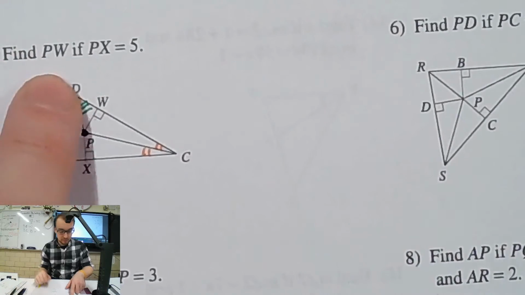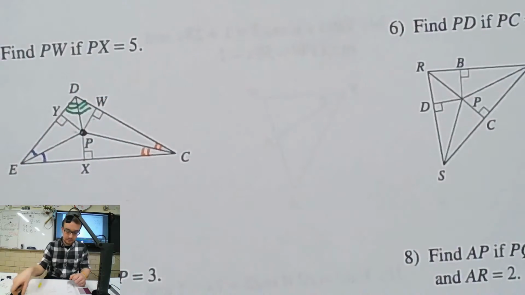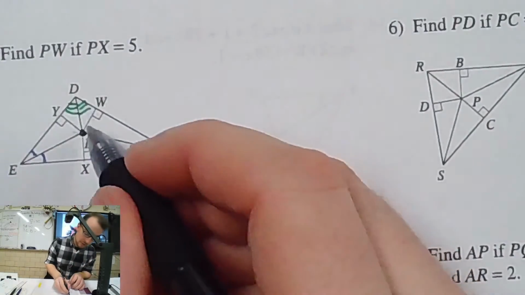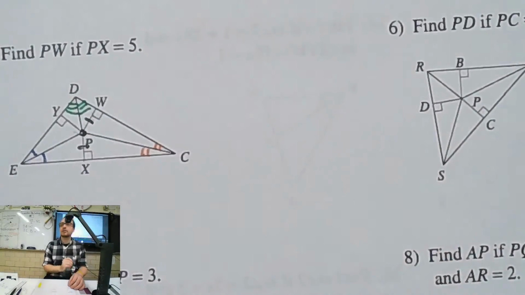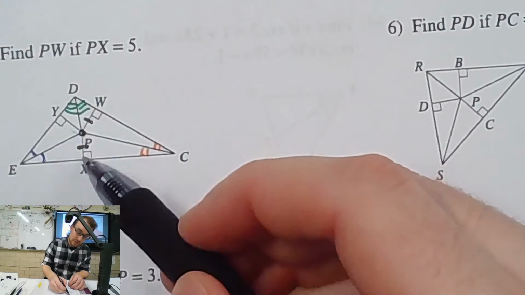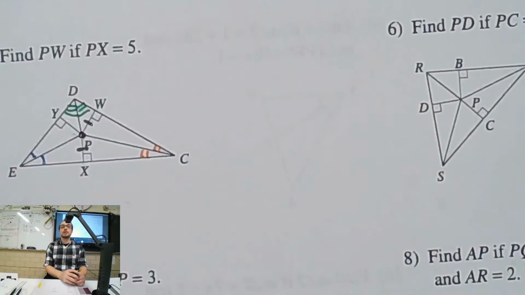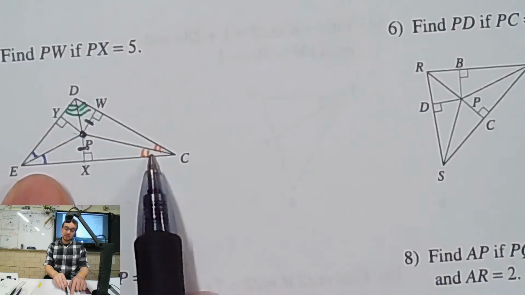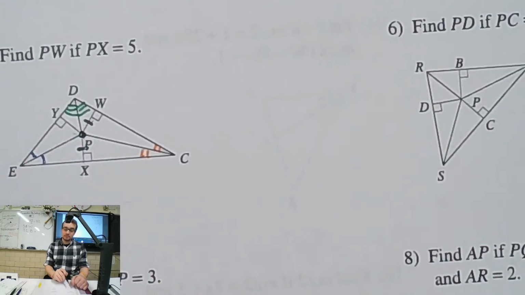So if we look here, PX equals 5. PW and PX should be the same. How do I know that PW and PX are the same length? Because P is the incenter, and the distance from the incenter to the opposite side is always the same. It's always the radius. Again, if I didn't know that P was the incenter, I couldn't do that. But I know it's the incenter because it's the intersection of the angle bisectors.